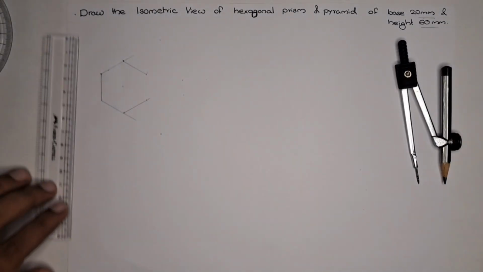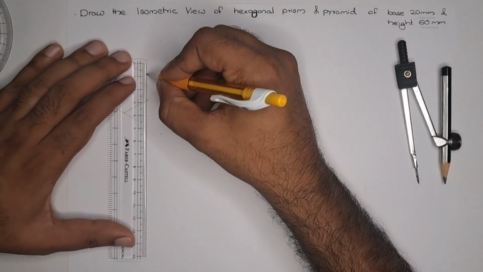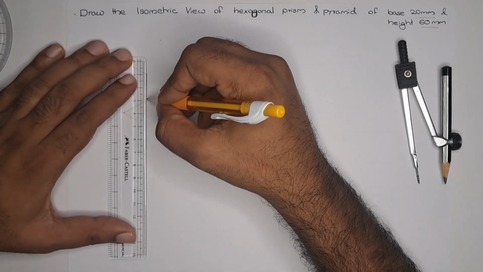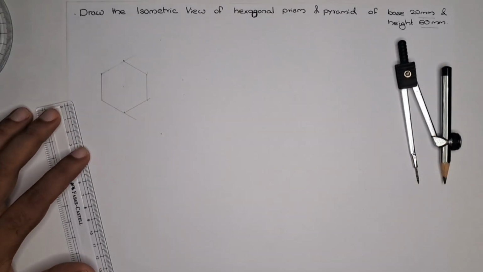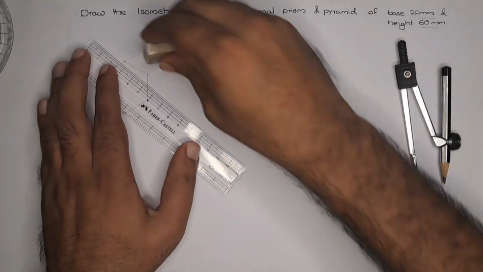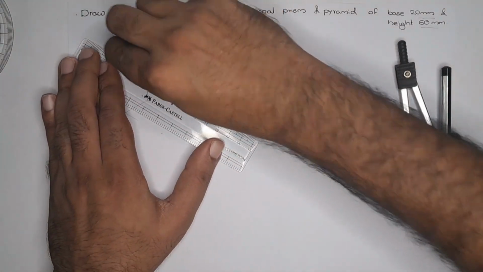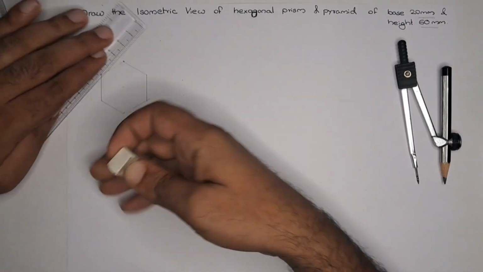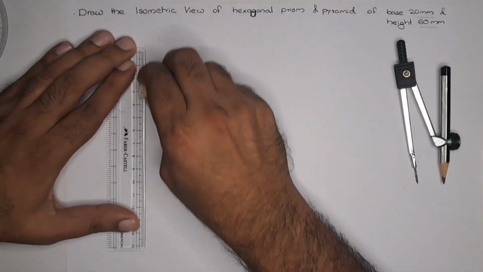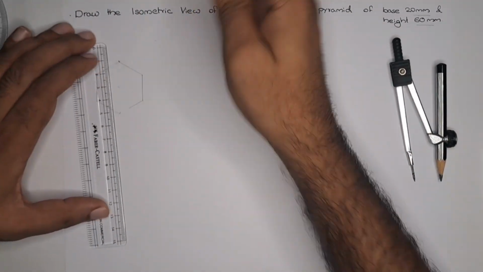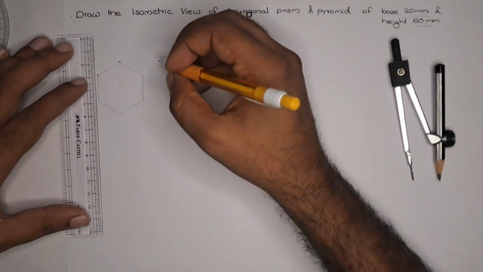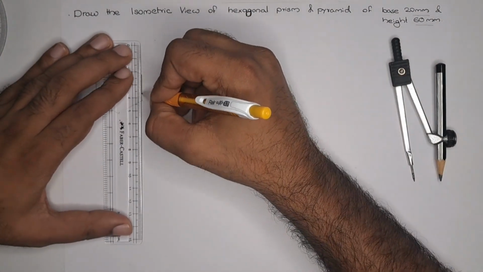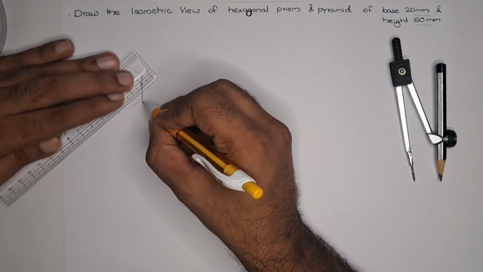Now complete the hexagon. We can erase the extra lines. Now we can mark the thick lines on the hexagon.